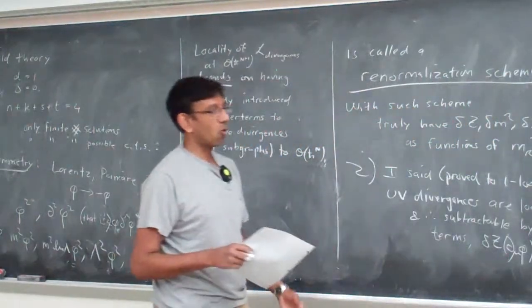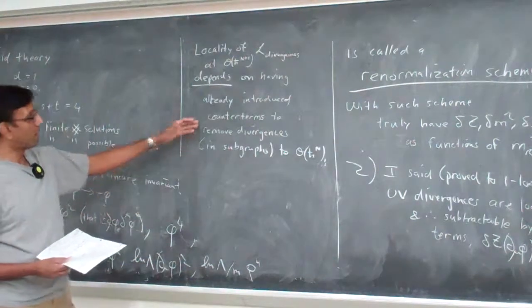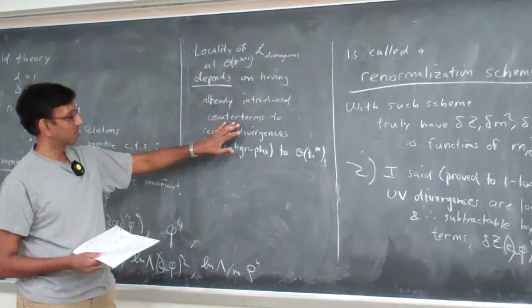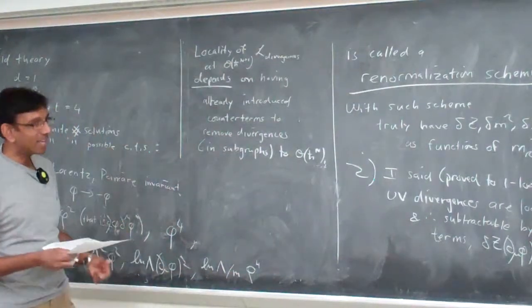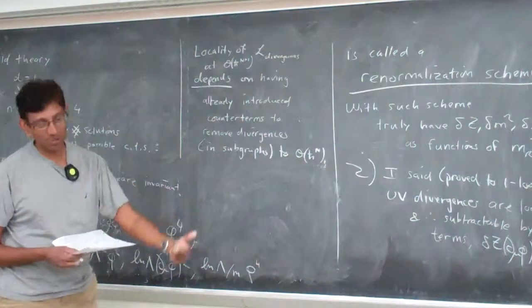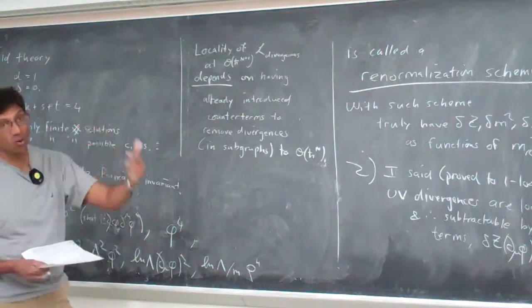But only if all subgraphs have already been rendered finite by introducing counterterms in lower orders. Then the n plus first order will introduce a new set of divergences, and they will be local.